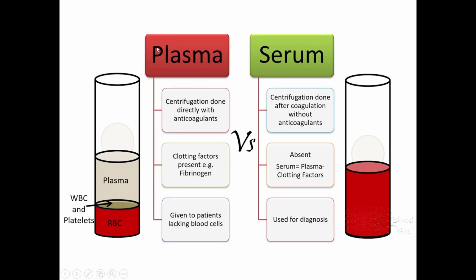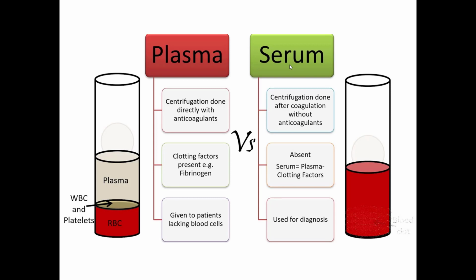So why do we need to study this? Because each medical laboratory device needs a different type of sample. For example, for the chemistry analyzer, we are talking about the serum. For the blood gas analyzer, we are talking about the whole blood.